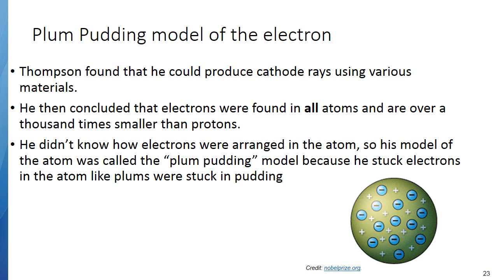He was British, so it looked like a plum pudding with raisins and other things stuck in there. So the main thing that Thomson discovered was the electron, that we can divide an atom into smaller particles, although it is no longer that element. However, that smaller particle, the electron, is found in all atoms.